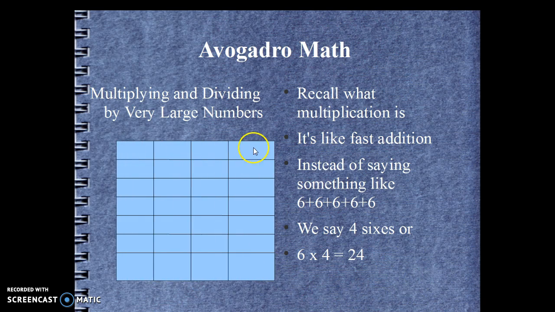And you can see here we actually have a 7 by 4 matrix. If we count the individual blocks, we would end up in this case with 28 blocks. Or if we know how to multiply, we can multiply 7 times 4 and get 28.